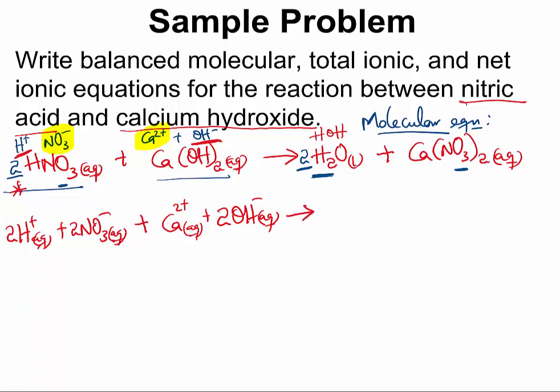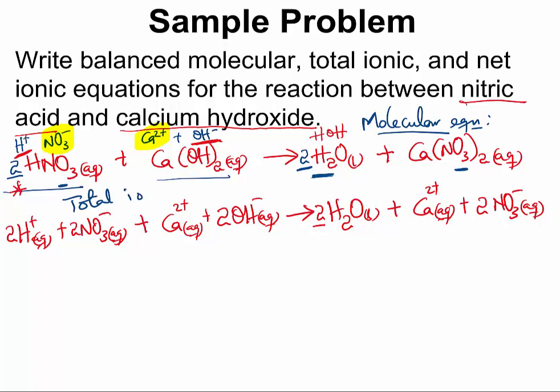H2O is a liquid. It will not split apart because it is not ionic. So it's just going to remain H2O and the coefficient is 2. Calcium nitrate is an ionic compound. It will split apart because it is soluble to form calcium ions and 2 nitrate ions. That is the total ionic equation.